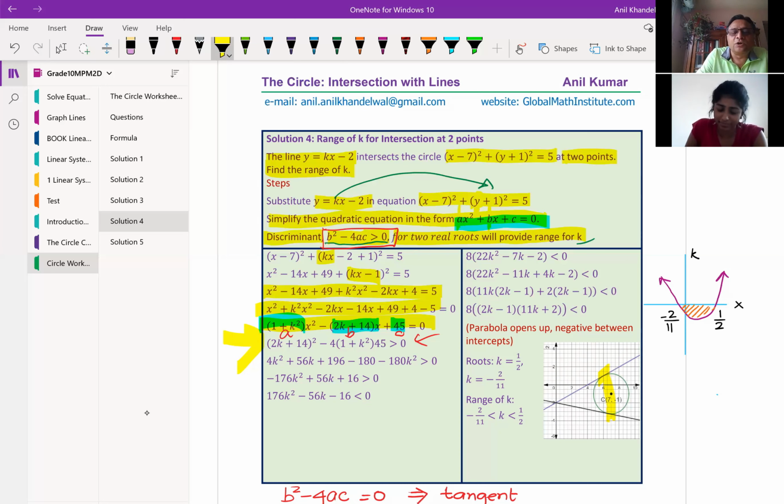Right. So we'll again now solve a quadratic inequality, b squared minus 4ac greater than 0. Now see carefully, you have to reorganize your terms. Look here, we got a negative coefficient of k squared. The leading coefficient should always be positive. Make a note.